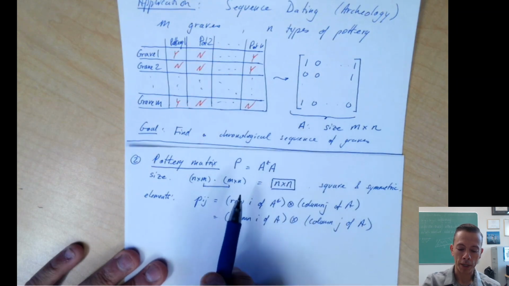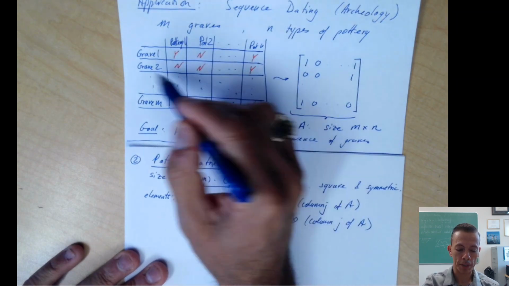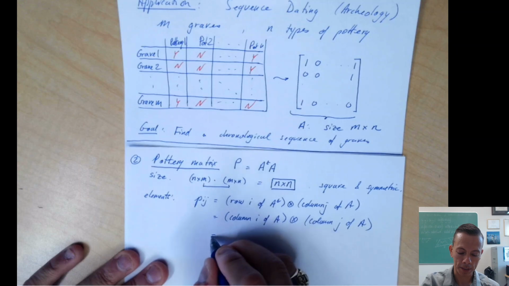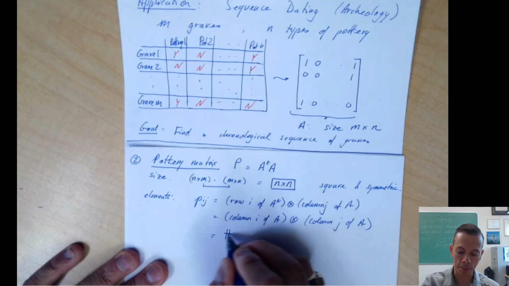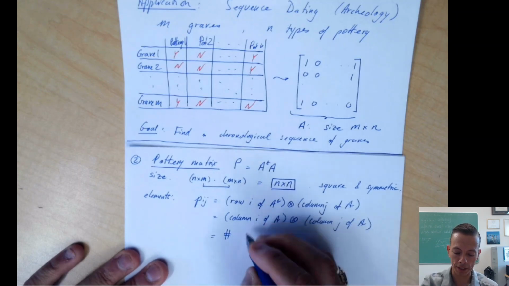And it will only be 1 if you have 1 in both columns in the same grave. So this is the number of graves that contain both types of pottery, i and j.